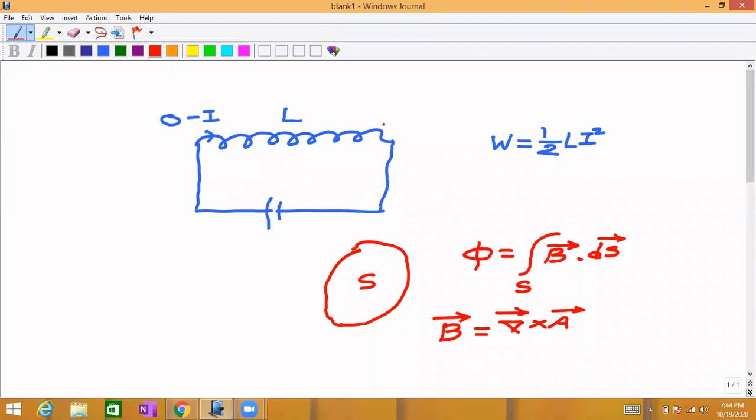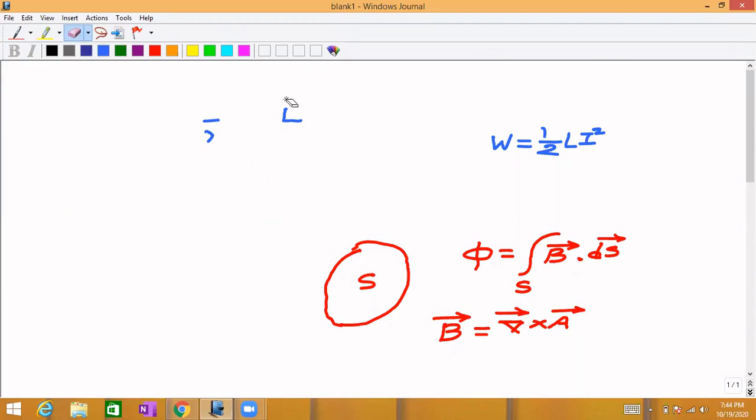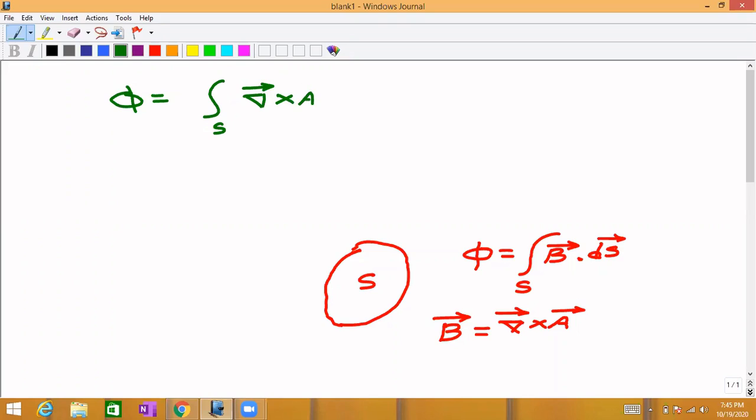Then the flux will become phi equal to the surface integration of curl of A vector dot dS vector.